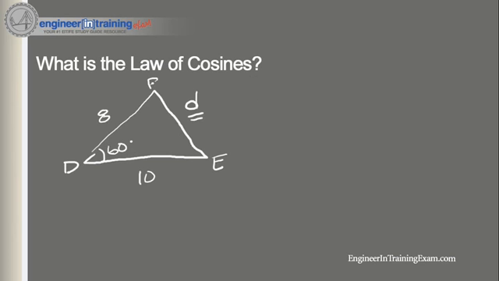So let's go ahead and just plug all of our numbers into our equation. d squared is equal to e squared plus f squared minus 2ef cosine of D. So that's our standard equation, and we just want to plug in all that we know.